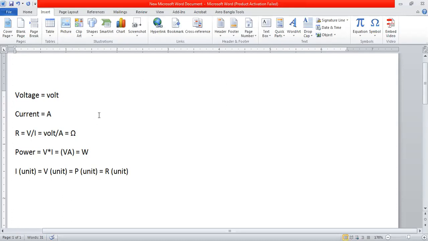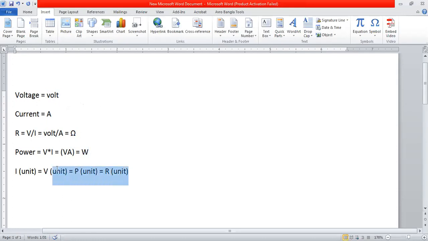So per unit calculation means we have to convert the unit of voltage to a different unit, and that unit should be the same for current, resistance and power also.